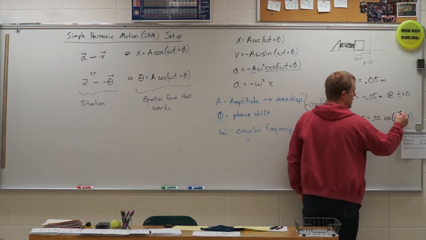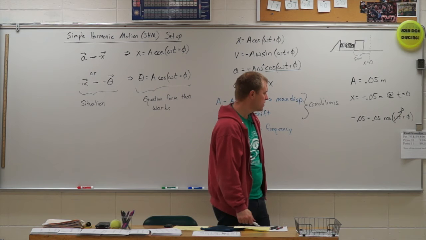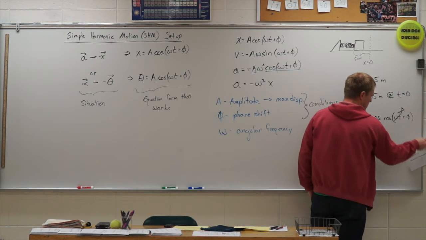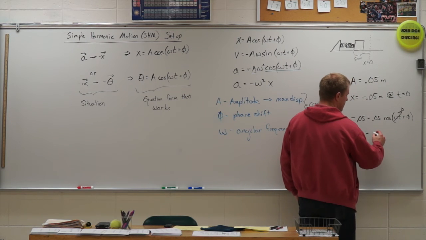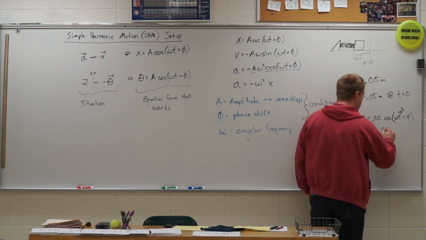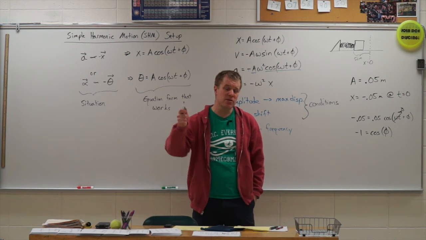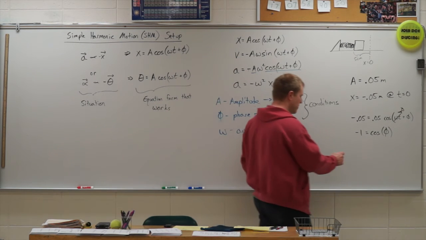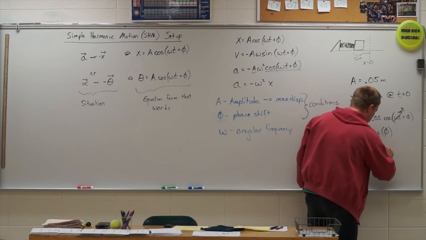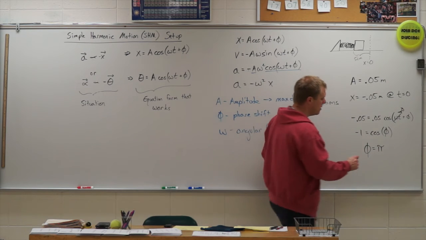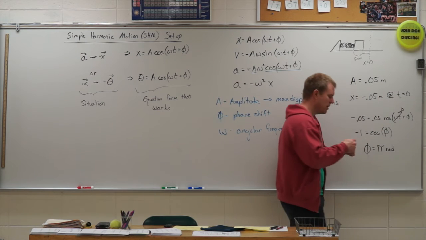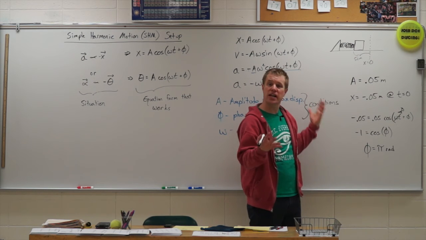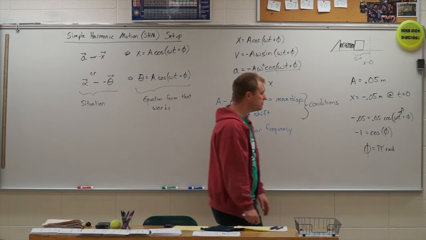And omega t is gone because time was 0. My 0.05s cancel out, and so I'm just left with negative 1 equals the cosine of phi. And then I solve for phi. We will want to be using radian mode when we are plugging this in, so make sure you're on that setting. And so phi comes out to be pi radians here. That would be how you would find your phase shift. So use some conditions that you know about, the position at any time, and find that.